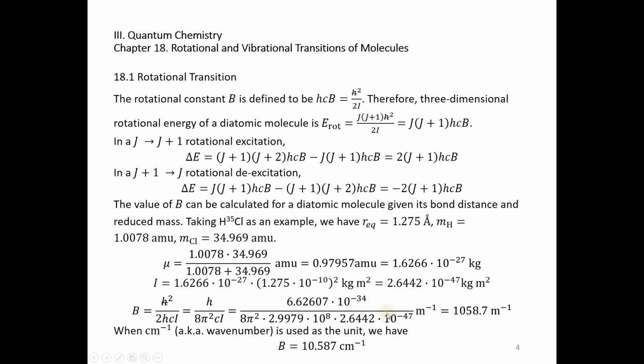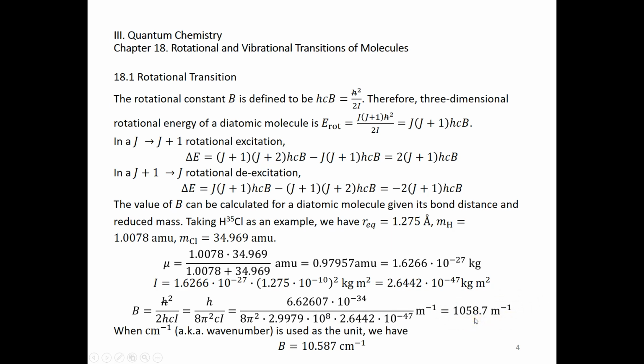We plug in all the values, and we get the value of B, which is 1059 waves per meter. Sometimes we use centimeter to the power of negative 1 as the unit. Then B is 10.6 waves per centimeter. The physical meaning is this: within 1 centimeter we can fit in 10.6 such waves. Of course, within 1 meter we can fit in 1059 such waves.